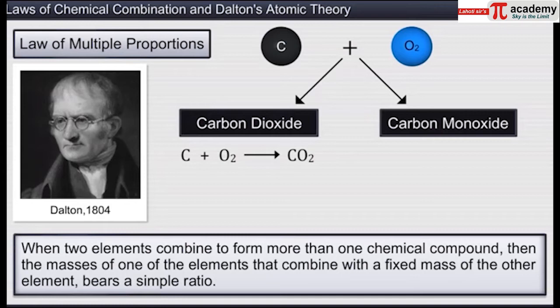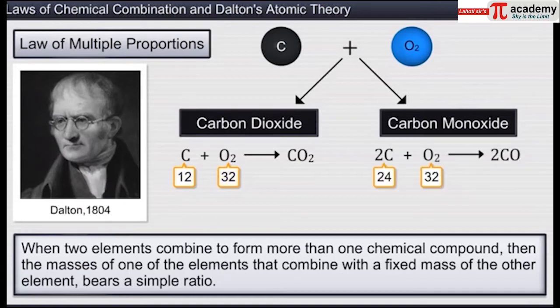As seen in the equation for carbon dioxide, 12 parts by mass of carbon combine with 32 parts by mass of oxygen. Whereas, when carbon monoxide is formed, 12 parts by mass of carbon combine with 16 parts by mass of oxygen.